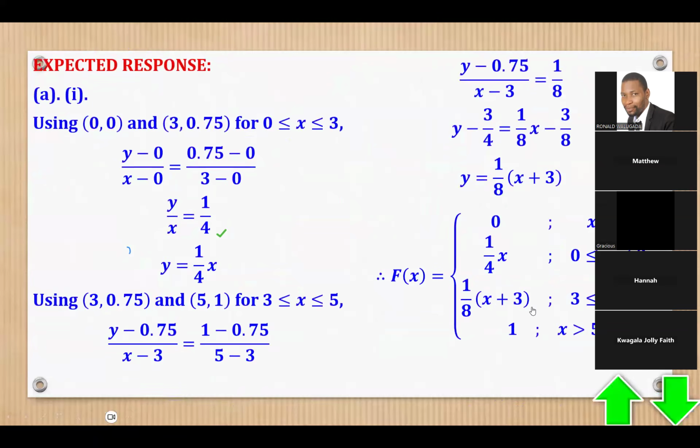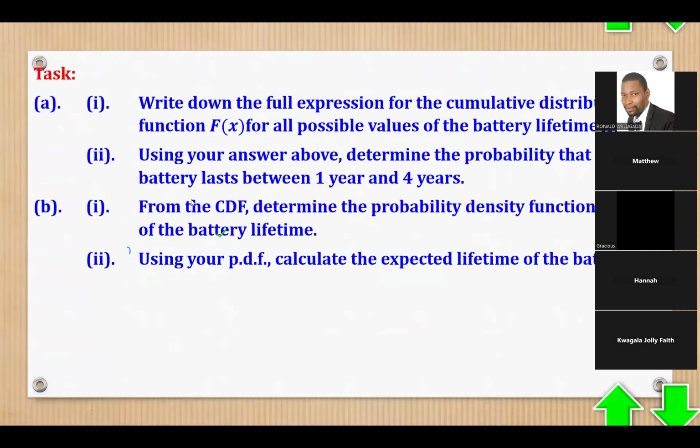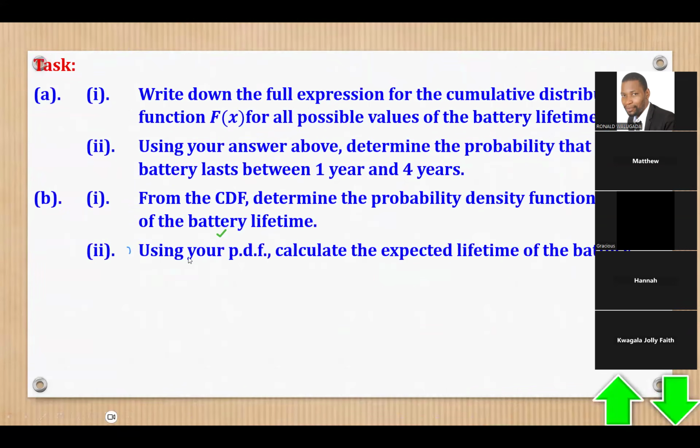The next Roman says, using your PDF, calculate the expected lifetime of the battery. Like I've told you, EX can only be got from small fx.